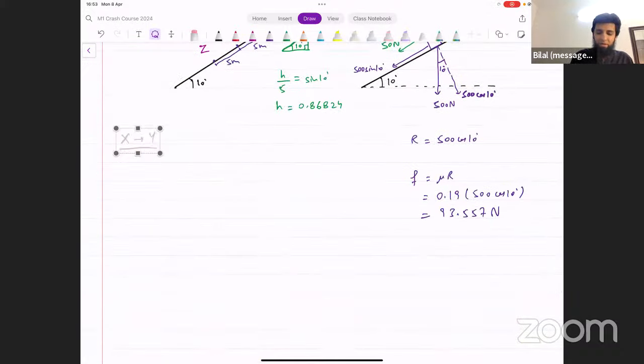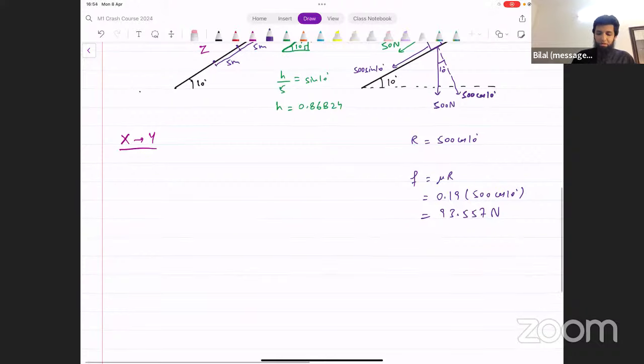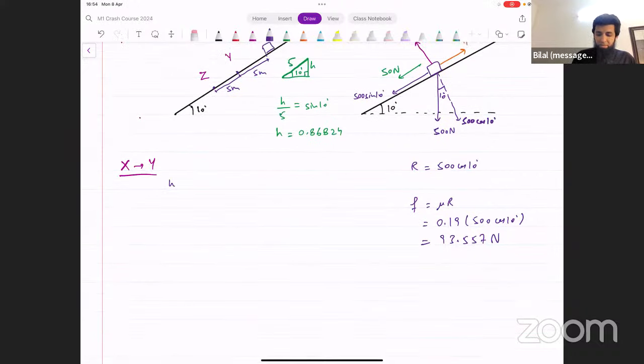What happens from x to y? Work done by driving force equals change in kinetic energy plus the change in potential energy plus the work done against resistance. Now, what information do we have here?